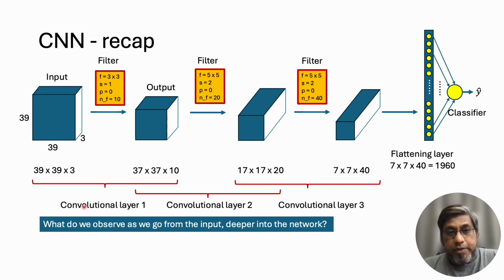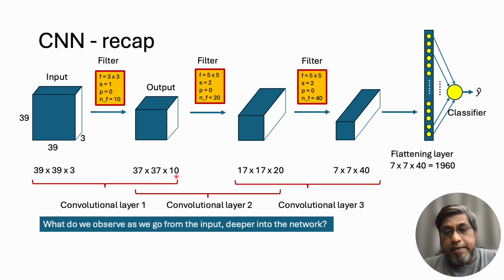The other observation that we see is that the depth of the image, which is the number of channels present in the image, increases as the image passes through the convolutional layers. The input image had 3 channels to start with, and at the output of the first convolutional layer, the number of channels has become 10.